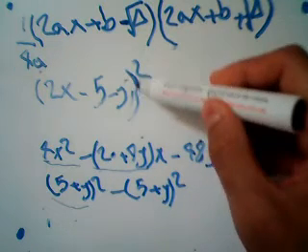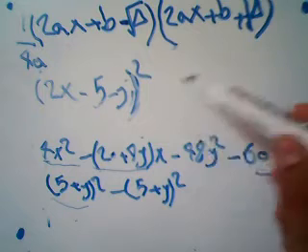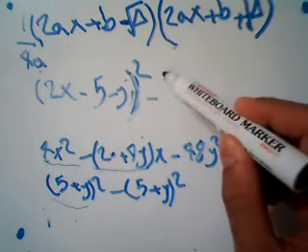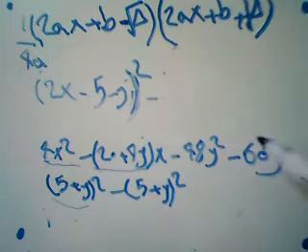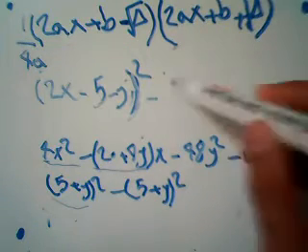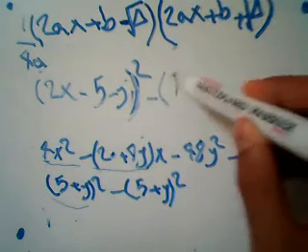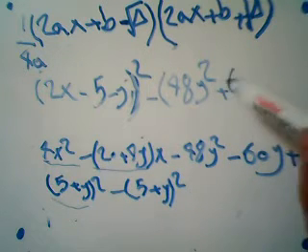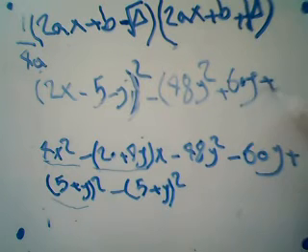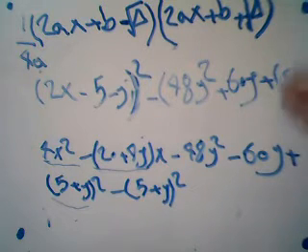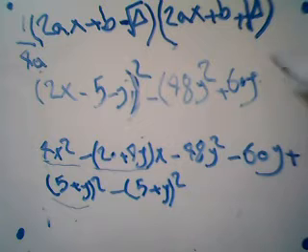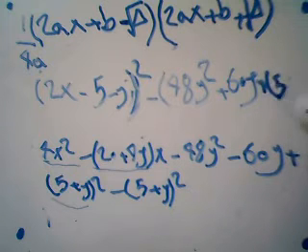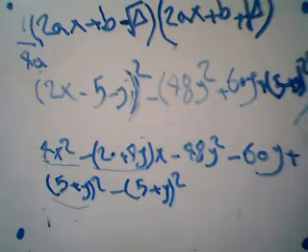Okay, minus this square. Let me first minus 48y squared, minus 60y, plus (5 plus y) squared, or plus (5 plus y) squared.